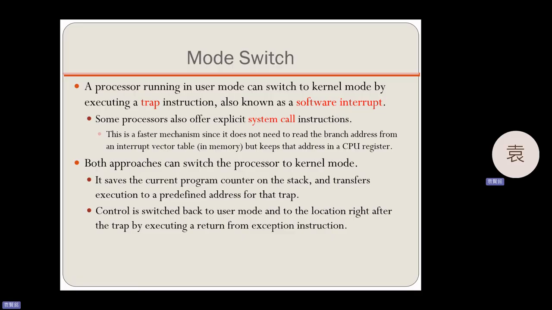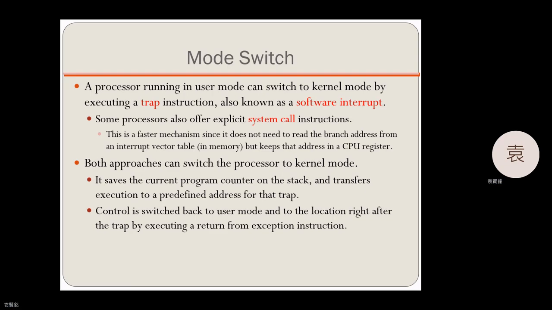So first, the system call or trap service sets the current program counter on the stack and transfers execution to a predefined address for the trap or system call itself. Control can switch back to user mode, to the location after the trap, by executing a return instruction from the interrupted instruction.